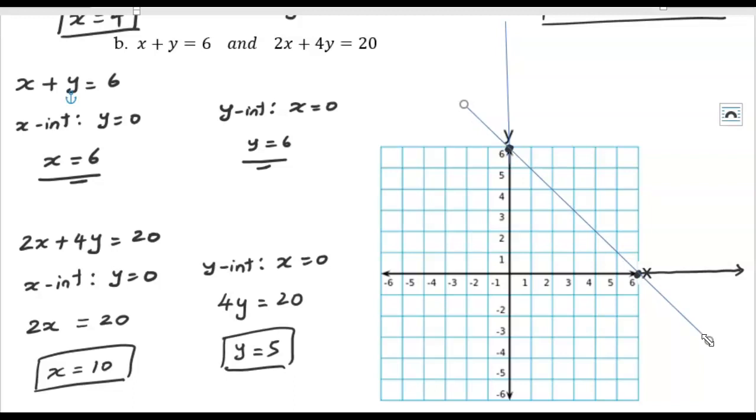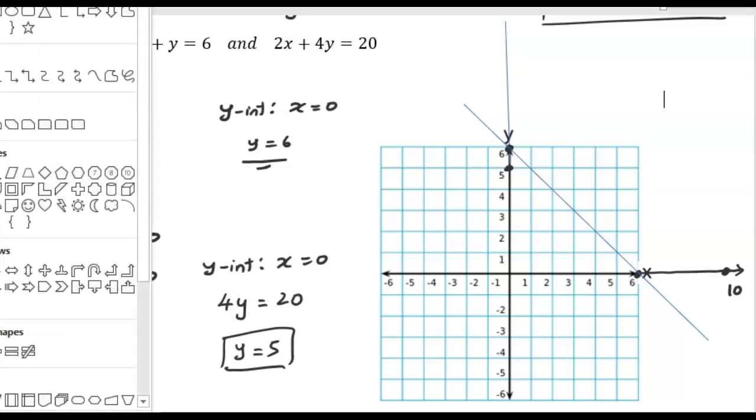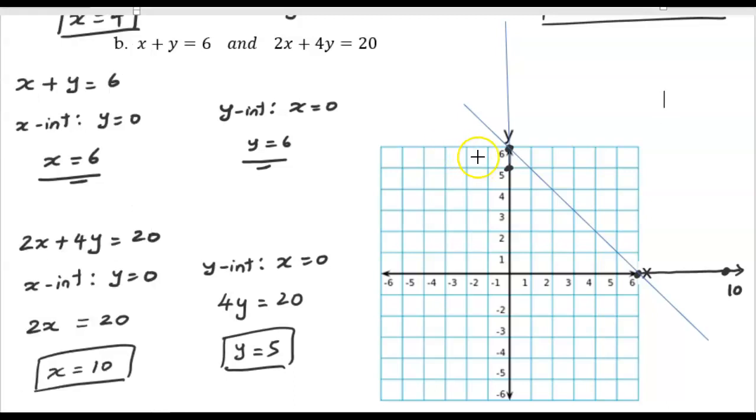And then I sketch my second line by plotting the two x and y intercepts. x equals 10, so somewhere roughly there, and y equals 5. So I mark my second point, y equals 5. Then I'm going to join them with a straight line again.